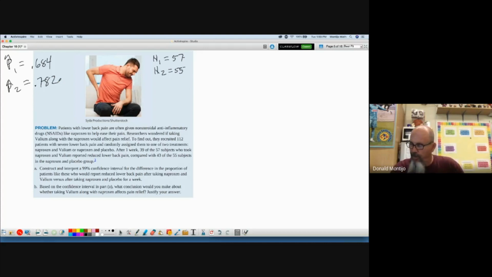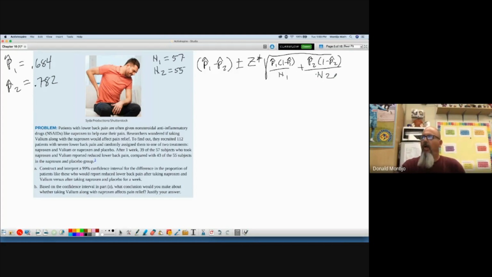So you remember from the previous page, it was p hat 1 minus p hat 2 plus and minus z star times the square root of p hat 1 times 1 minus p hat 1 all over n1 plus p hat 2 times 1 minus p hat 2 all over n2. All right. Now, really, in the real world, we're not going to do this calculation by hand very often.